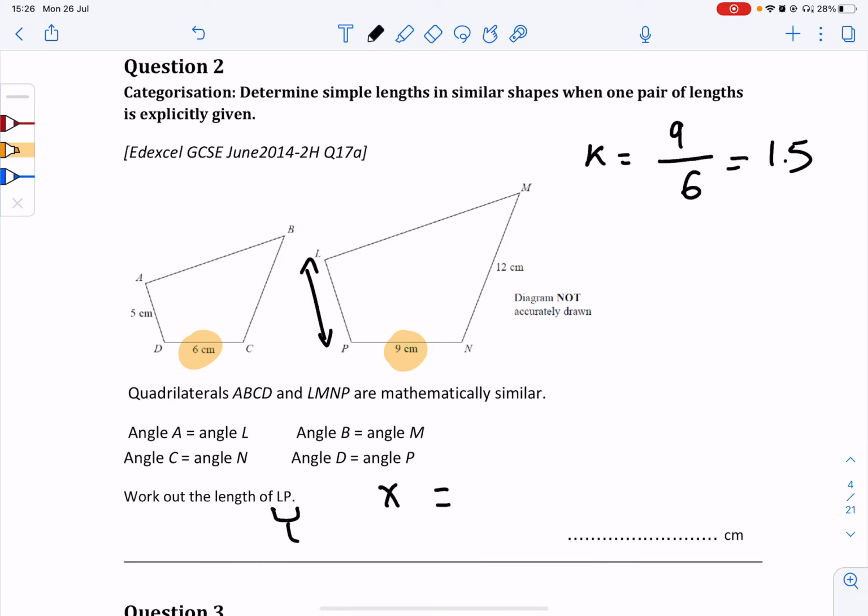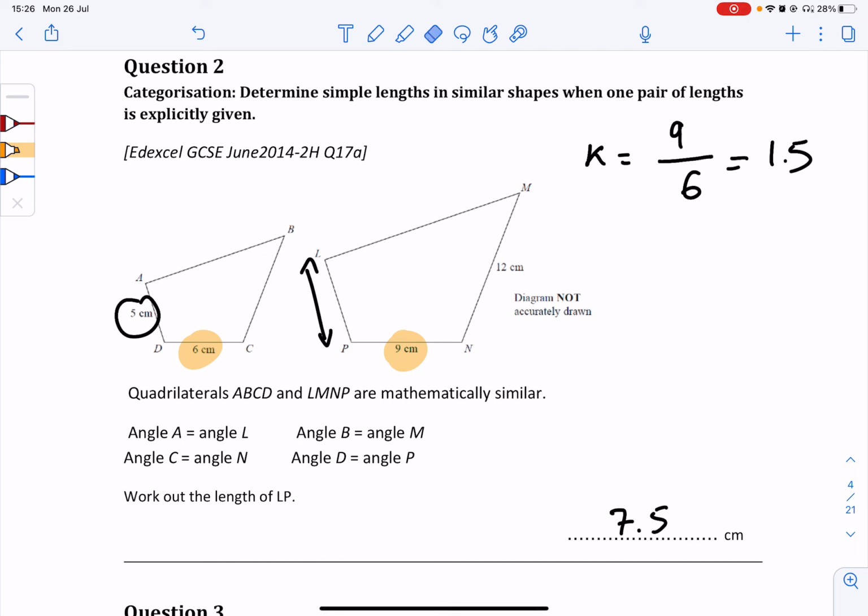X should be equal to the scale factor multiplied by the smaller length, which happens to be 5. So if we put in the value that we got for the scale factor, x is equal to 1.5 times 5, which is 7.5. So our answer is 7.5 in this case.